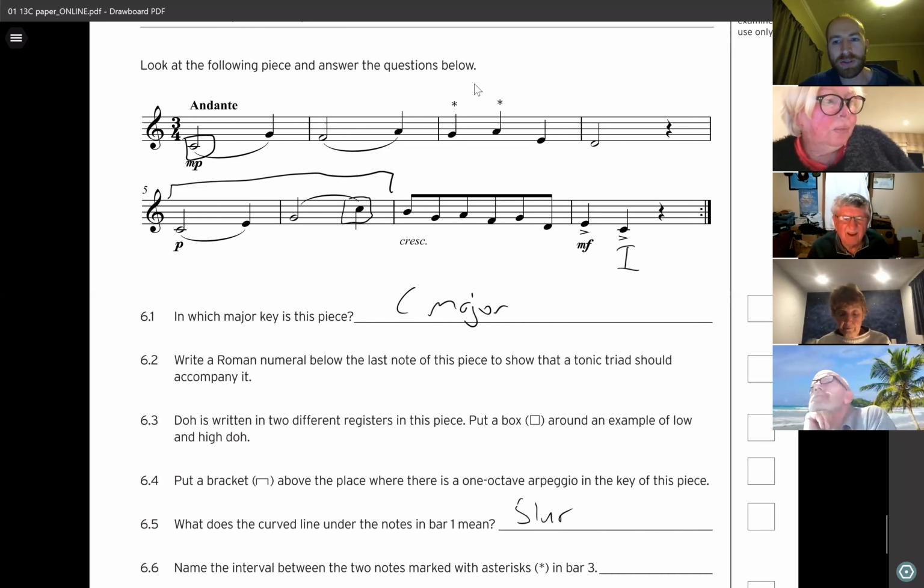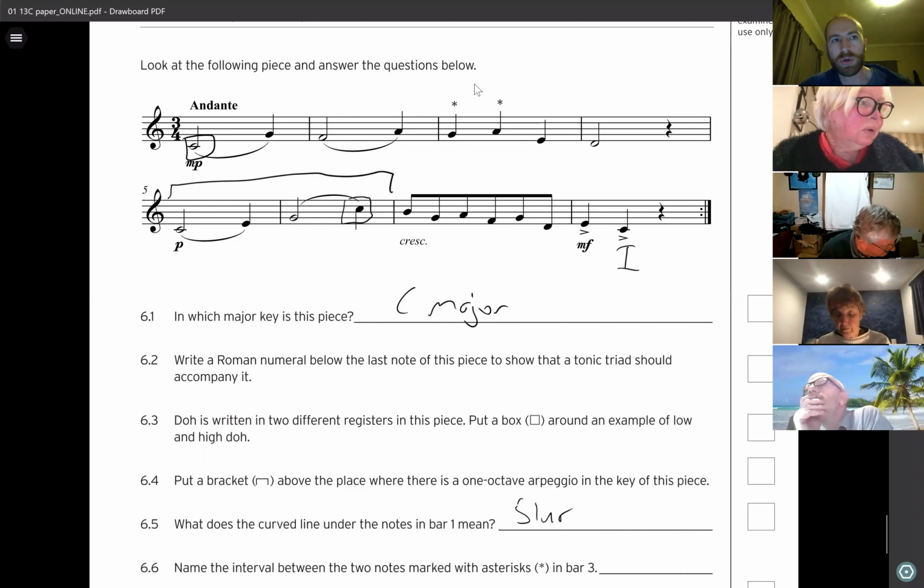There are 2, right? G, G sharp, A. So G to an A, there are 2 semitones. So what type of interval has 2 semitones? What type of interval? It's a major second.